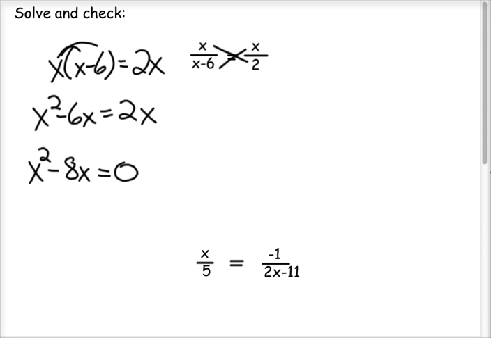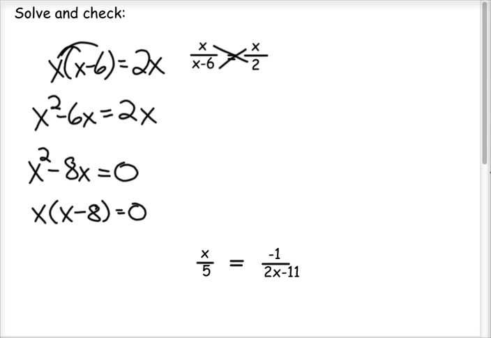However, my variable is in both terms. So remember, when this is the case, all you have to do is pull that variable out. So I'm going to factor out my variable from both terms.